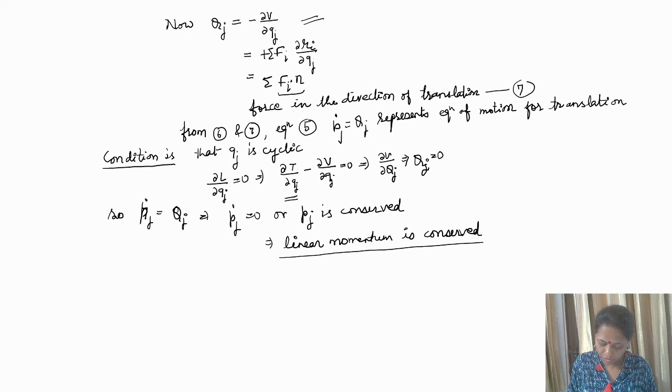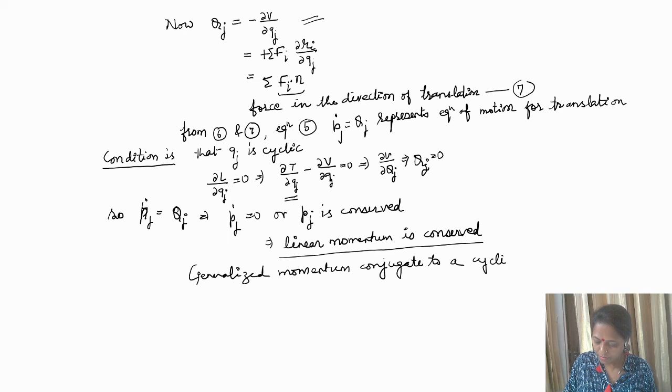So the generalized momentum conjugate to a cyclic coordinate representing translation, or when there is translation in its direction, is conserved.